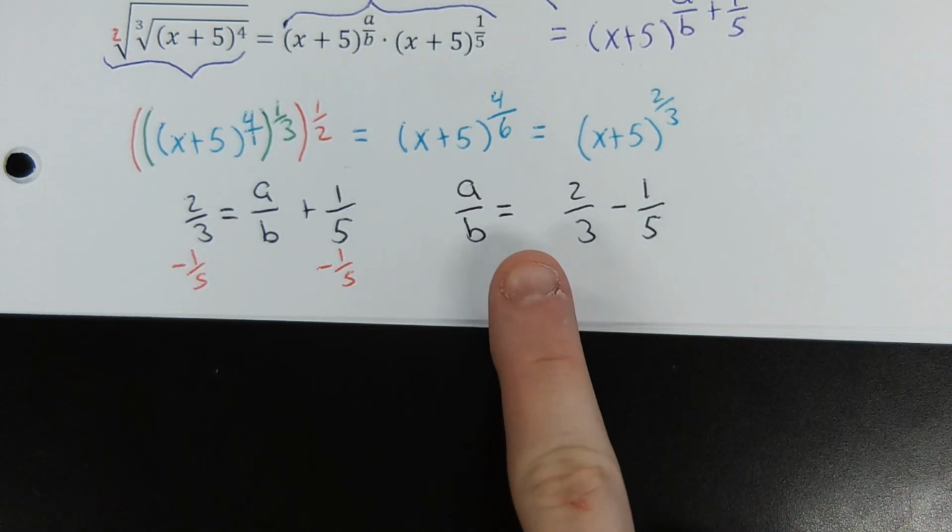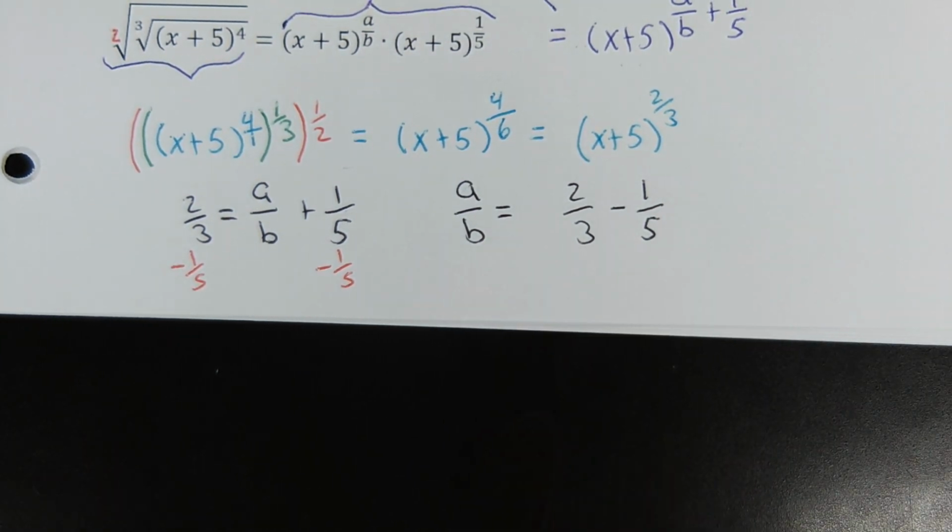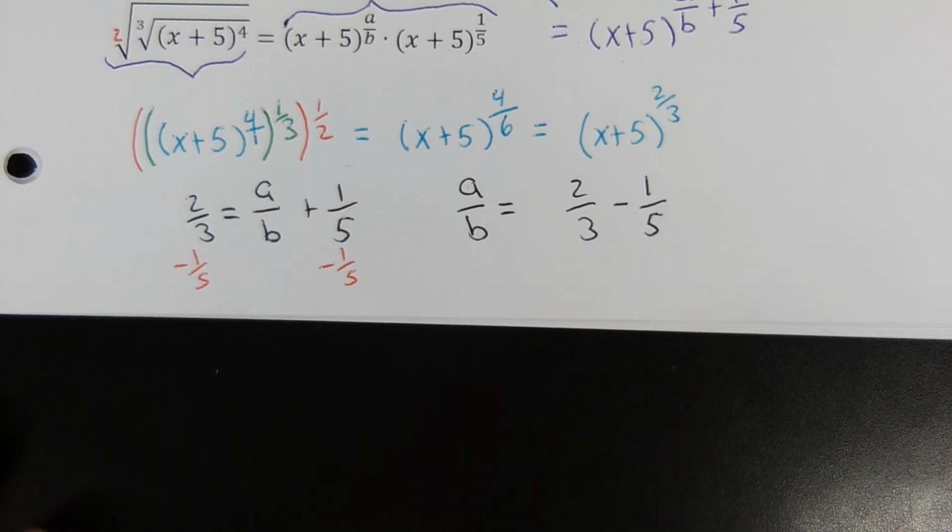I left space there for a reason, because what is required in order to add or subtract fractions, guys? They need the same denominator. I need the least common denominator. What is the smallest number that 3 and 5 can become? It is 15.